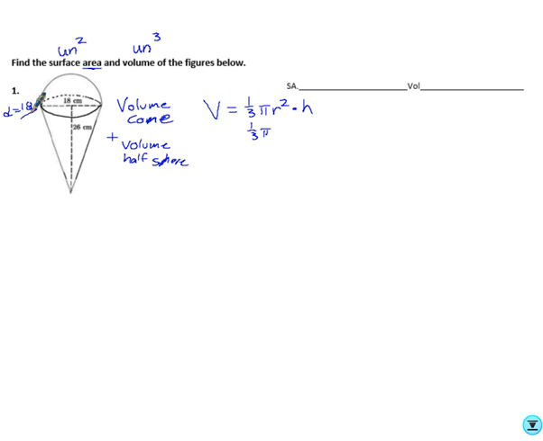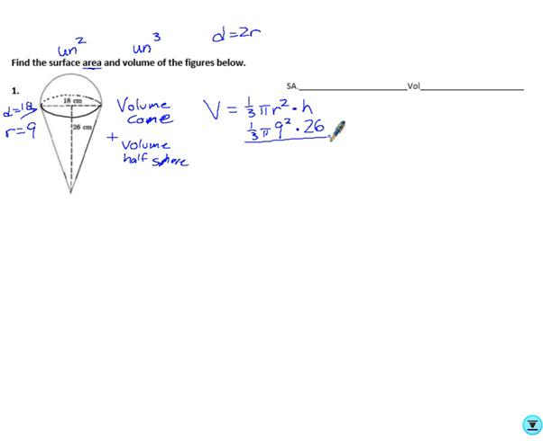Diameter is equal to 18. If you recall, diameter is equal to 2r, so to find the radius, we're going to divide that by 2. So the radius is 9, so 9 squared times the height of the cone, which is given right here, 26 centimeters.